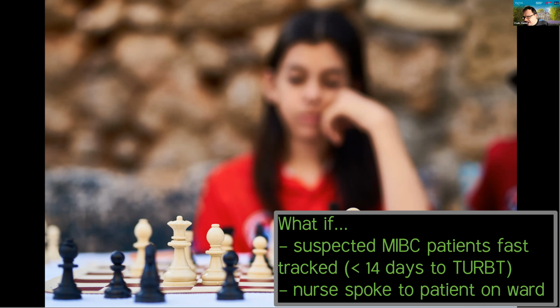And that was basically them saying, well, do you know what, we are pretty good as consultants at identifying. We know where we think there are muscle invasive patients, and so basically trusting in their judgment to say, those ones that we think are muscle invasive at that early stage, we will fast track those patients so they get to their TURBT much more quickly.